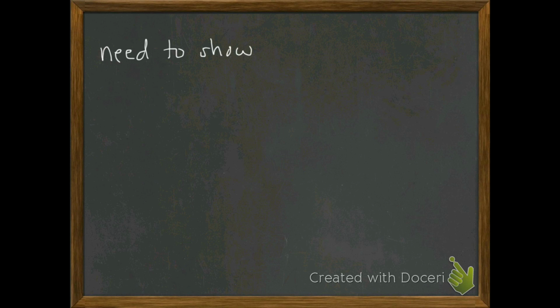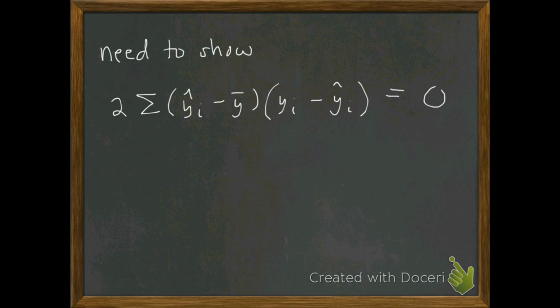That 2 times the sum of y hats minus y bar times y sub i minus y hat sub i has to be 0.